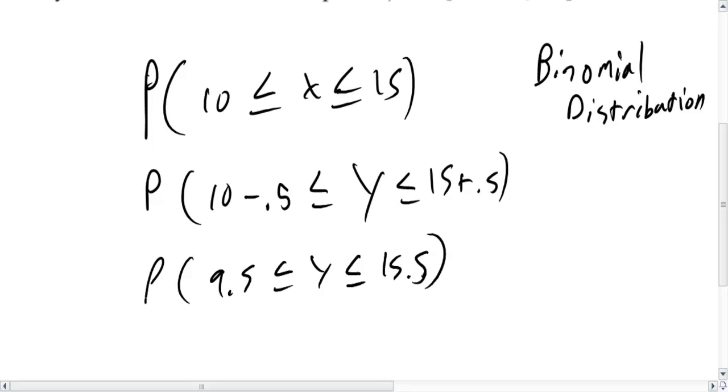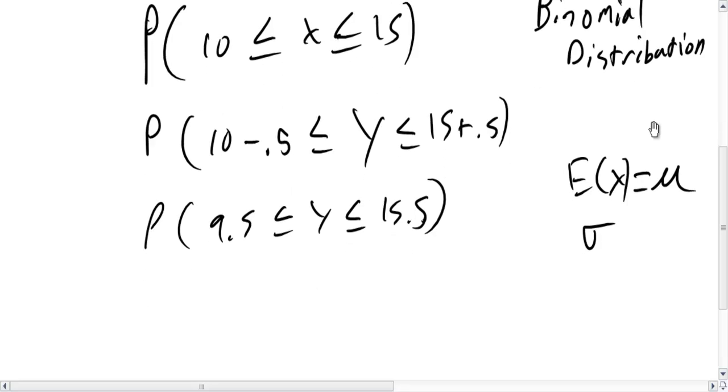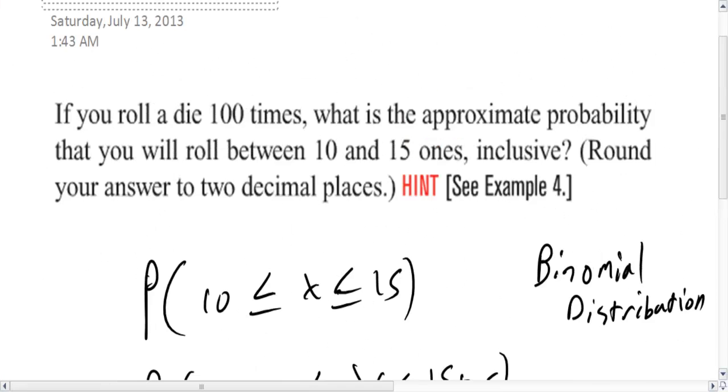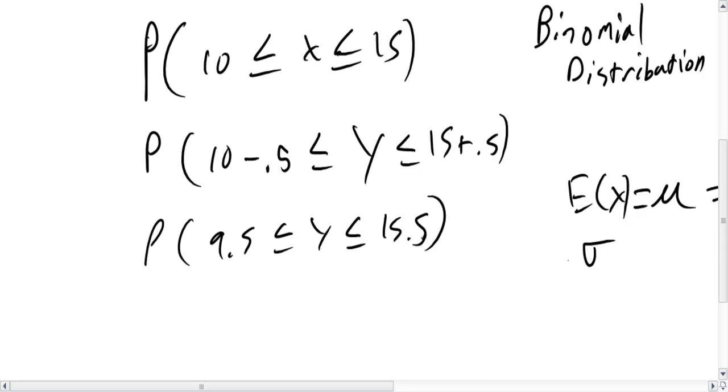The first thing we need to know is what is our expected value, or our mean, and we need to know our standard deviation. The nice thing about our mean or expected value is it's easy to calculate in binomial distributions: it is just your number of trials times the probability of success. In this problem, we roll a die 100 times.